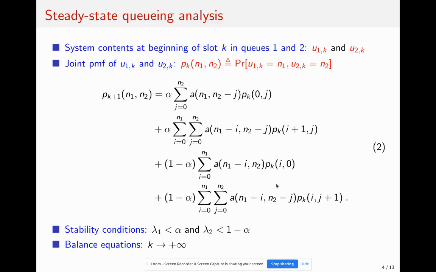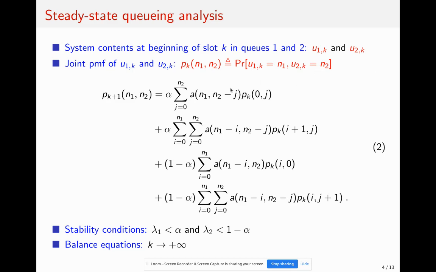Okay, and then we look at the queuing analysis. The system contents at the beginning of a slot k of the queues is defined by these two random variables, u1k and u2k, and the joint probability mass function of these two random variables is defined as pk, this probability.